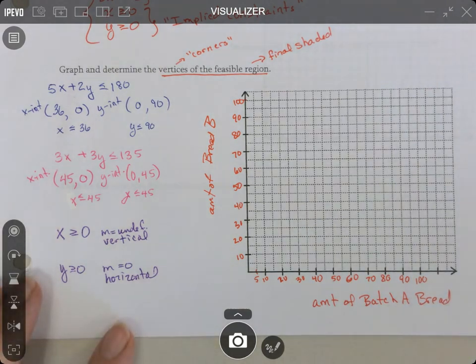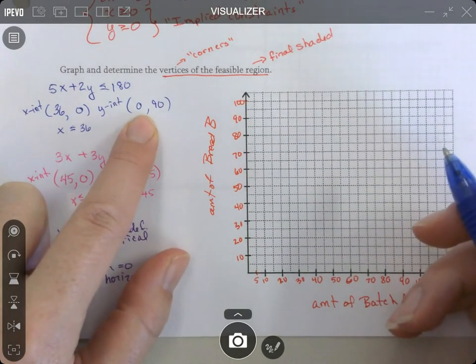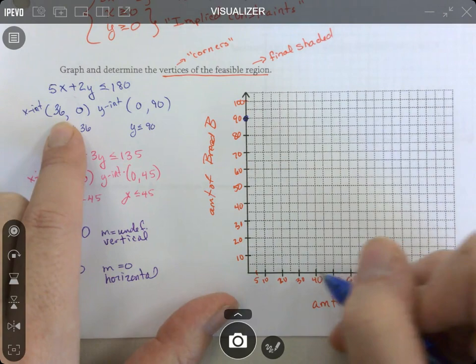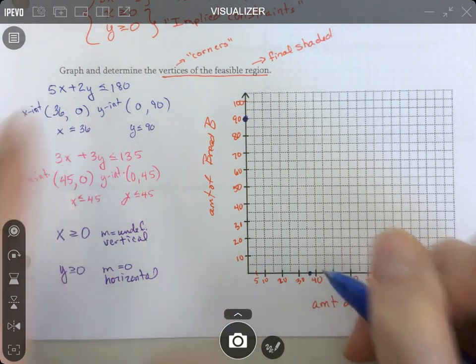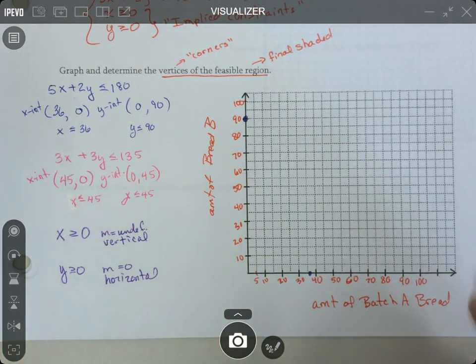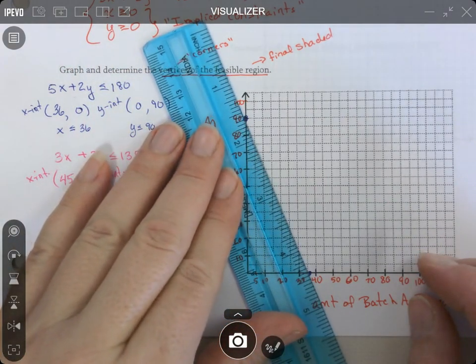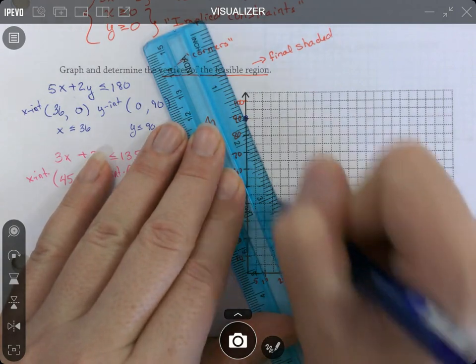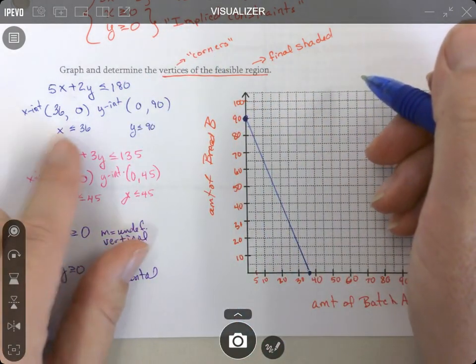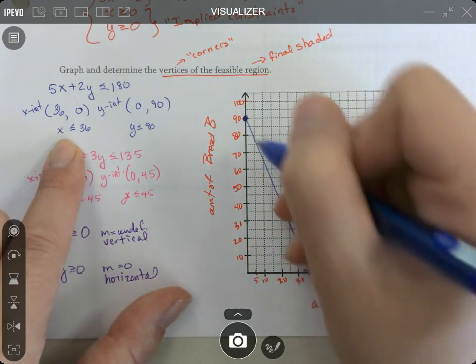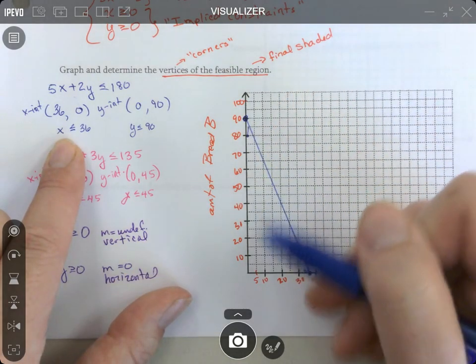Okay, so I'm going to graph, guys. I'm starting at 0, 90 up here on the y-axis, and then 36 I'm going to have to estimate right there. And then again, you really want a ruler for this. We want to have clear, very accurate lines. Now, both of these were less than or equal to, so I'd be shading in this little corner right here.